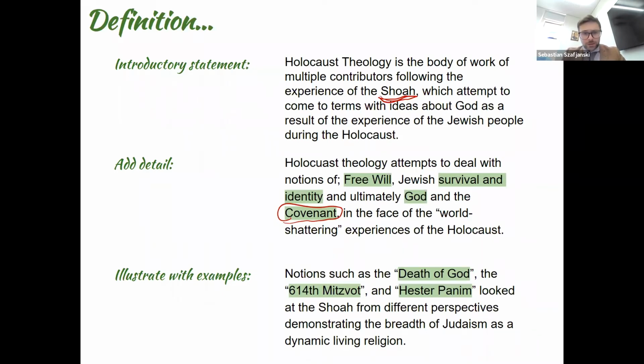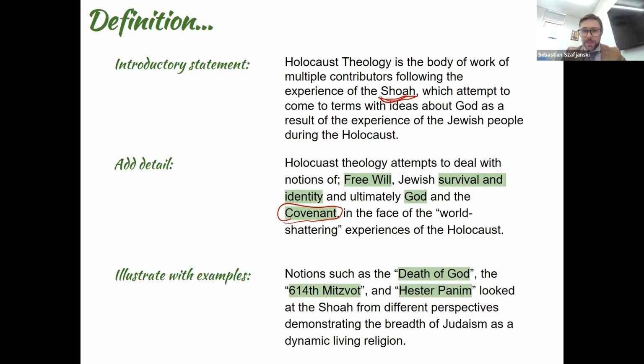Then we will illustrate briefly with our examples here. And I've got 3 ideas. These are the 3 big notions that occurred post-Holocaust. The notions such as the death of God, the 614th mitzvot. Once again, I hope you remember there were 613 mitzvot or commandments in the Jewish law that we had this new 614th mitzvot come out of the Holocaust, and we'll have a look at that soon.